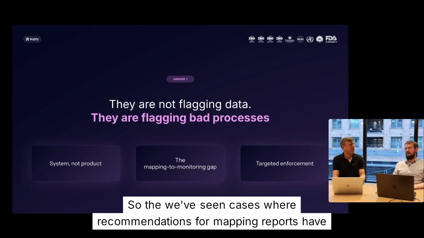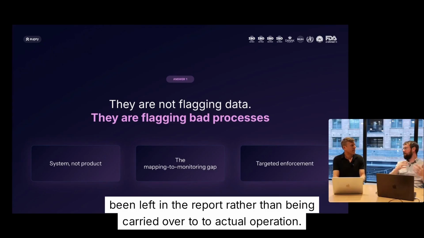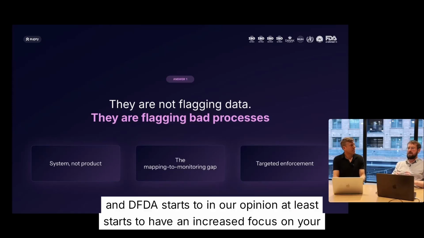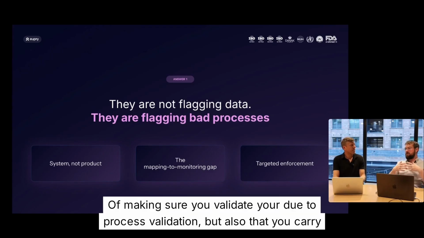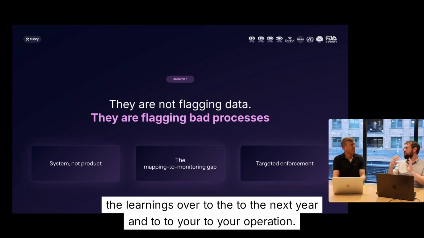So we've seen cases where recommendations from mapping reports have been left in the report rather than being carried over to actual operation. And in our opinion, the FDA is starting to have an increased focus on your process of making sure you do the process validation, but also that you carry the learnings over to the next year and to your operation.